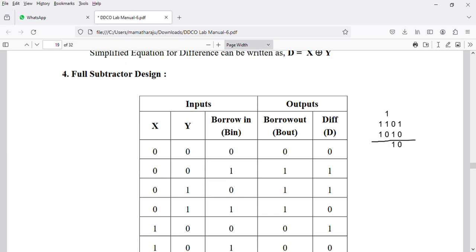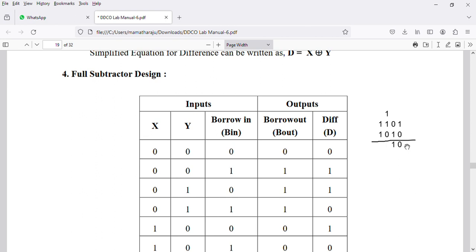Now let's see the full subtractor design. Before that, we'll see why it came into existence. Here, taking this subtraction as an example, we are subtracting this number from this number.